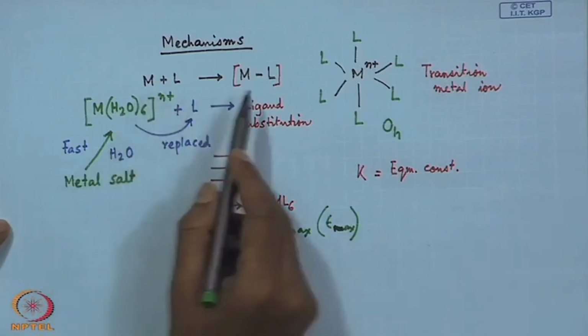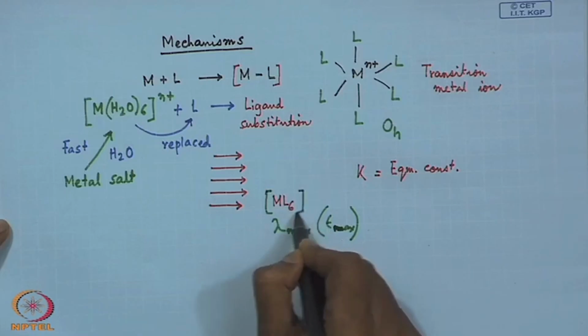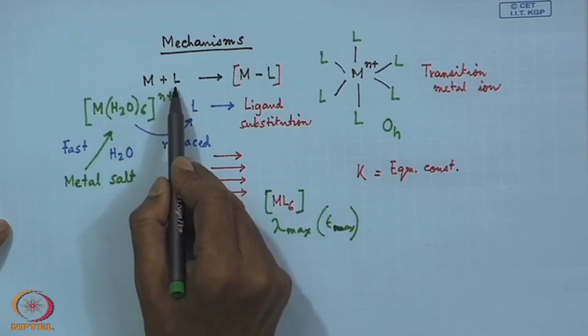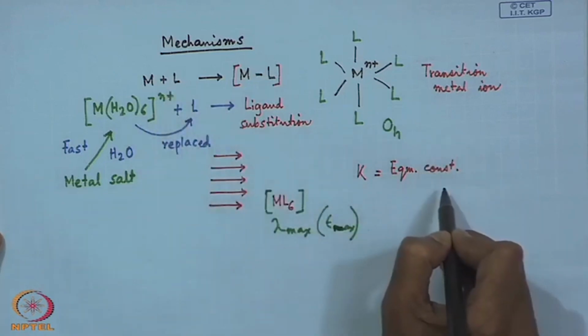So we can find out the concentration of this ML6 species, the concentration of M is known, and the concentration of added L is also known to us. That gives rise to the corresponding equilibrium constant.